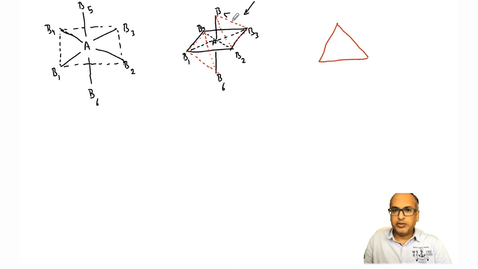Now this one is at the top because we are looking from this side. So you have B5, B3 and B2, and the one which is here actually looks like a star if you now see.